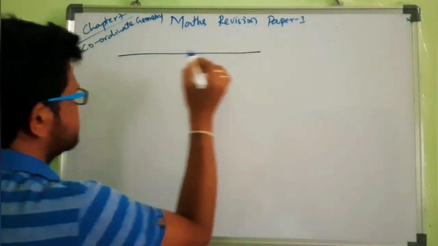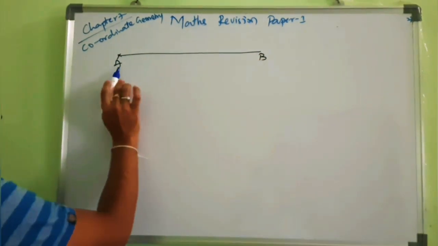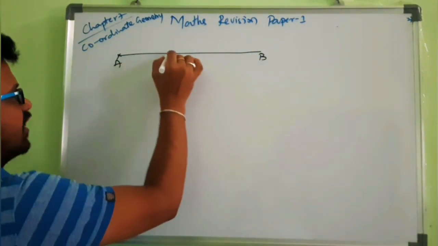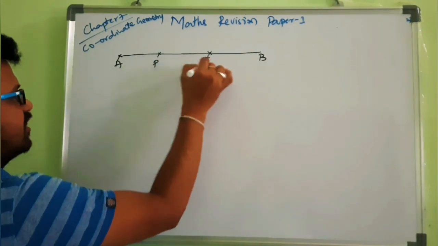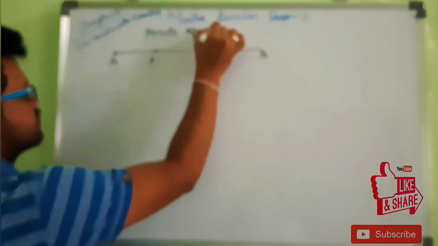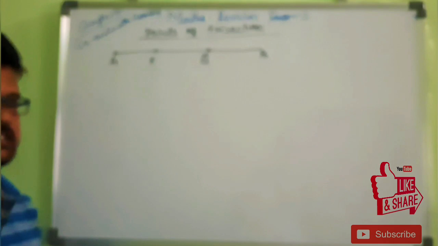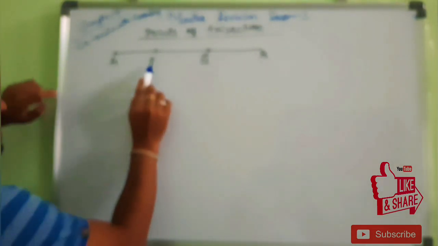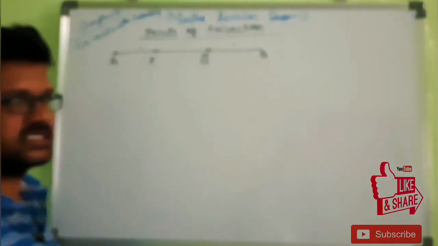See, what do you mean by points of trisection? AB is a line segment joining the points A and B, and the points which divide the line segment into 3 equal parts. This is very important. P and Q are the points which divide the line segment into 3 equal parts.